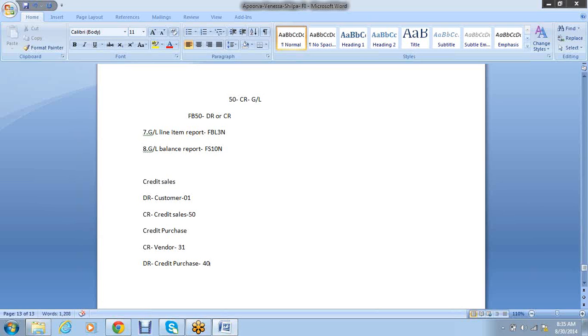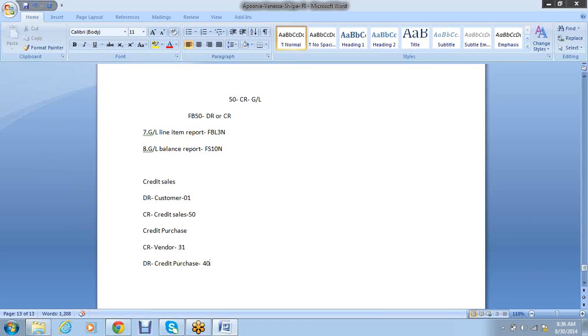So for debit or credit to the GL account, in any kind of transaction, it will be 40 and 50. Any transaction related to customer, vendor, or asset, if your GL account is included, debit or credit, it will be 40 or 50.